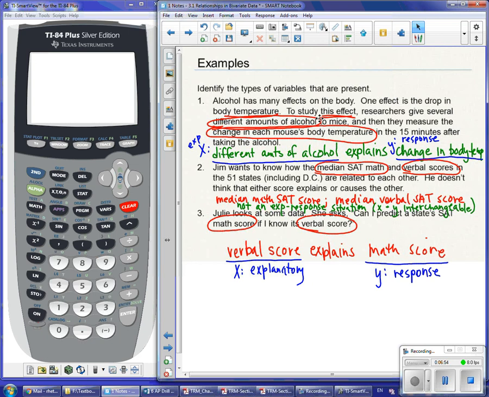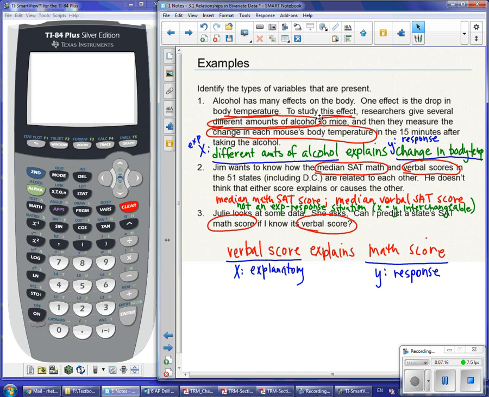So because we're expecting a change, it would make sense to label one of these variables as your explanatory variable and the other as the response. Since it's the different amounts of alcohol that we expect to affect the change in body temperature, the different amounts of alcohol would be our explanatory variable, and the change in body temperature would be the response.